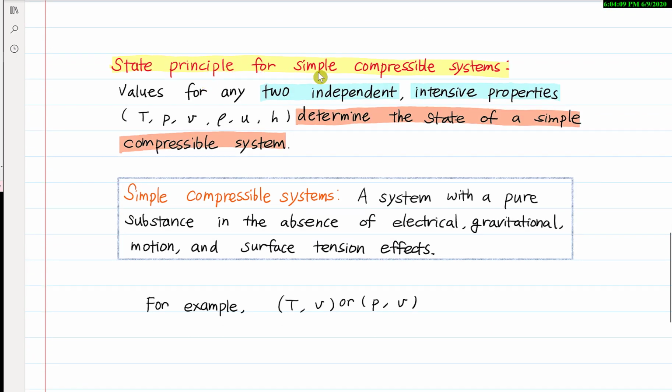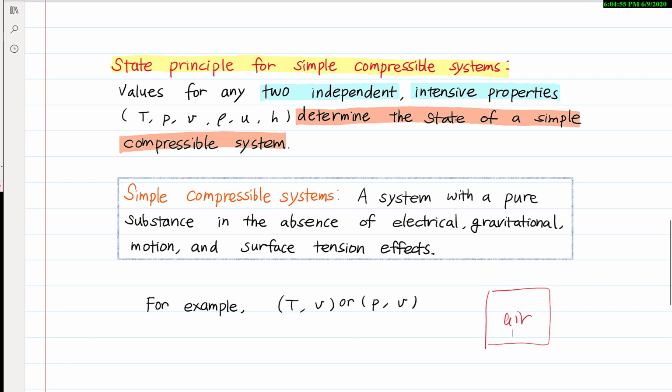The state principle for simple compressible systems states that the values for any two independent intensive properties determine the state of a simple compressible system. Consider air in a closed system.